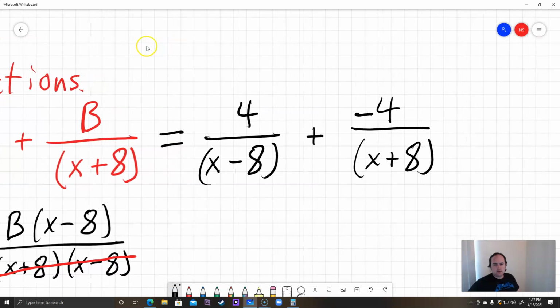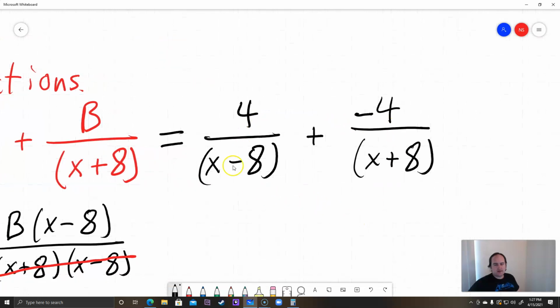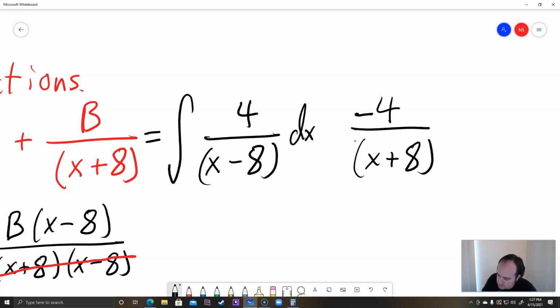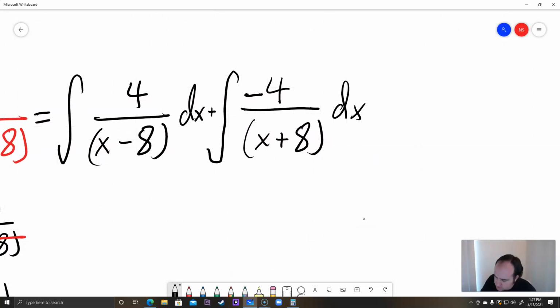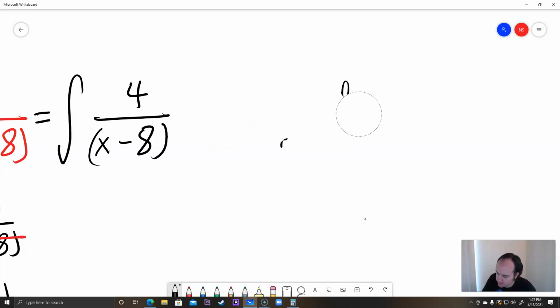Okay, so keep in mind that we can now distribute the integral symbol to these two. So we still have an integral here. We have the integral of the first one, dx, plus the integral of the second one, dx. Probably should give myself some more room here. It's looking kind of messy, so let me rewrite it.